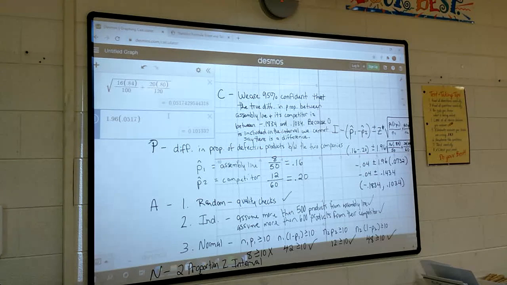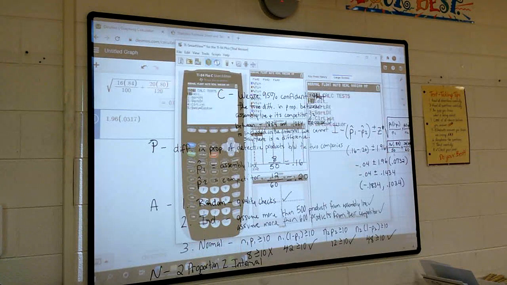Now, it asks for the new confidence interval. Well, if you want to, we can go to our calculator and get it. We just have to change it to 100 and 120.